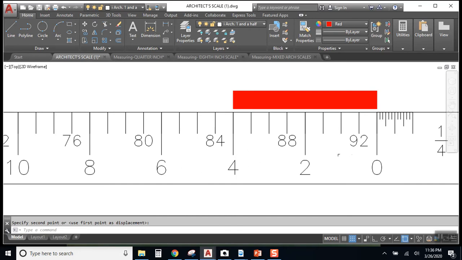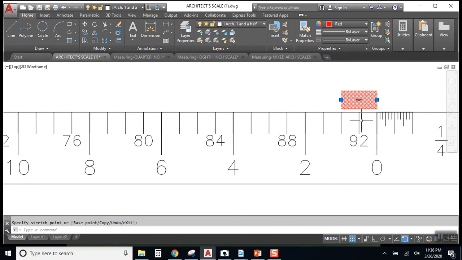But I'm pretty sure if you can see where 2 feet is, you can probably figure out where 1 foot is. Can you determine, based on what you see here and on your scale, where 1 foot is? See, 1 foot would be right there, wouldn't it? Right in the middle.